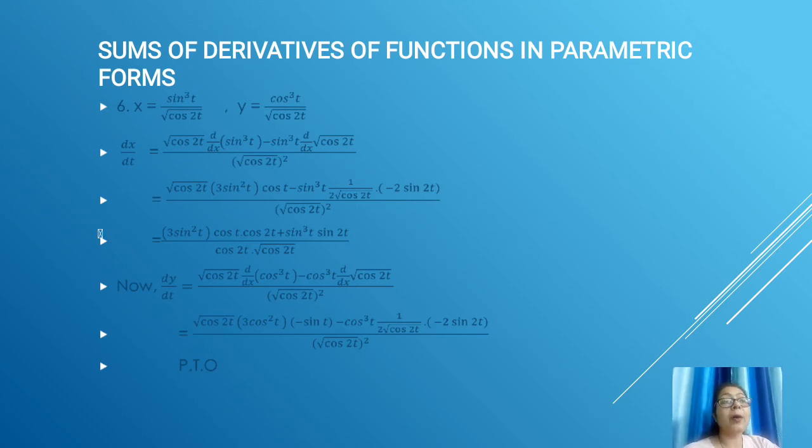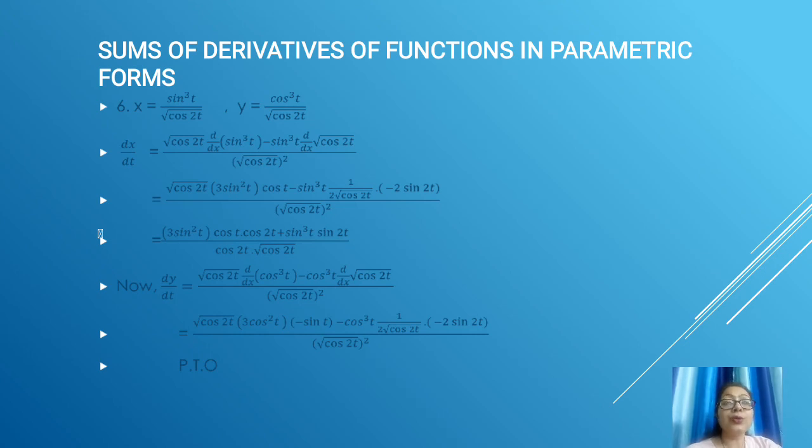Derivative of u by v is v square in the denominator and numerator v u dash minus u v dash. So root over cos twice t whole square is in the denominator. Then numerator, root cos twice t unchanged, derivative of sin cube t, minus sin cube t into derivative of root over cos twice t.